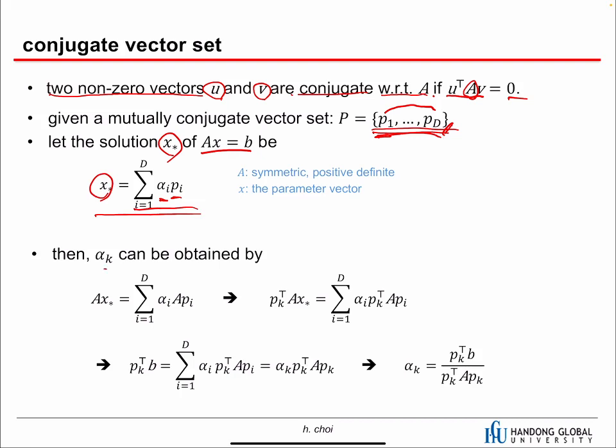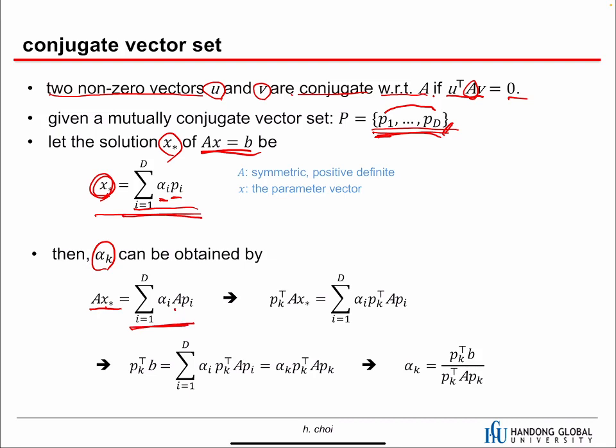And then alpha sub k can be obtained by this process. Since x star is the solution of Ax = b, A x star can be rewritten in this way, because x star is here and we multiply A here.